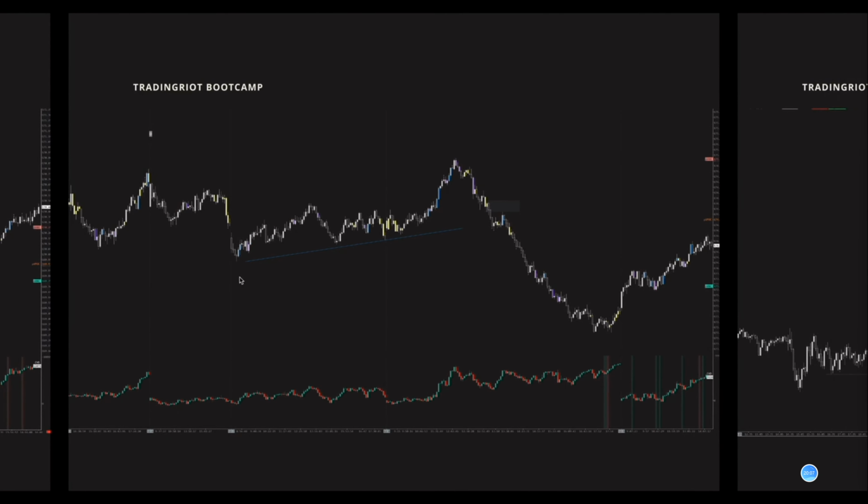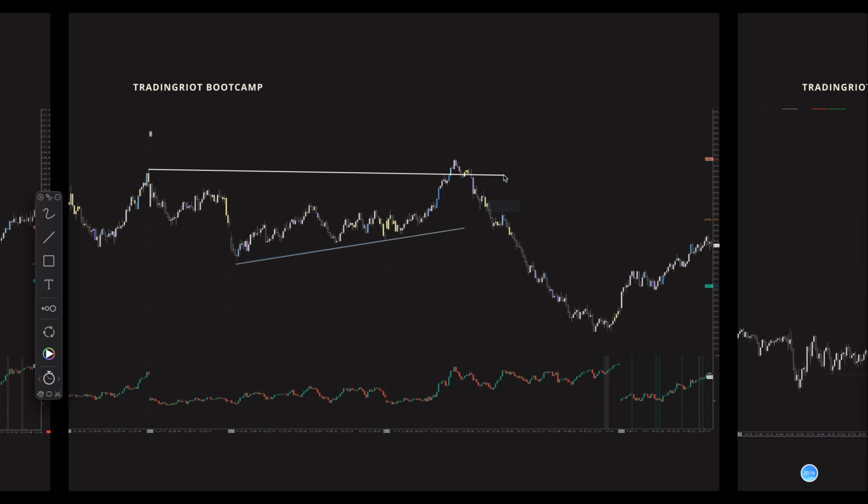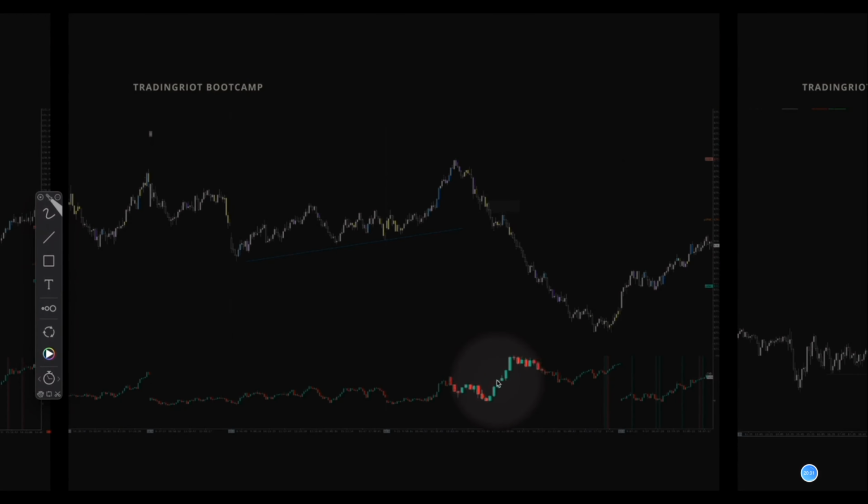Another one, once again, a level of compression, which is this line right here. Market fails at the high. This is a little bit hard one to execute, but then you get this price pause around here. This is really a small cluster, but what is important to notice is this.